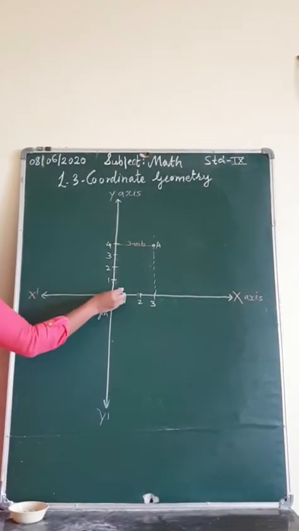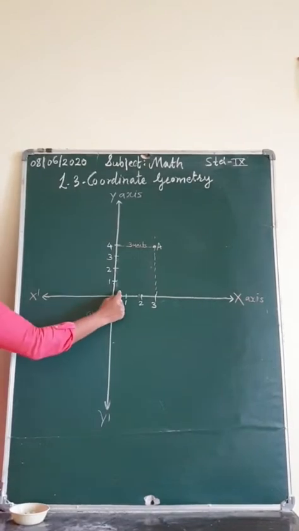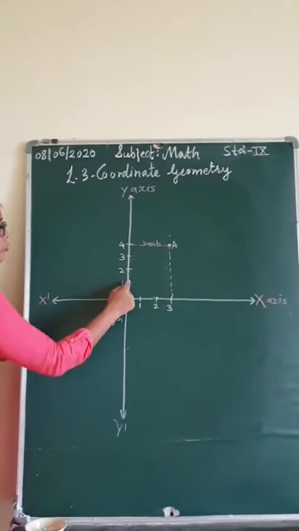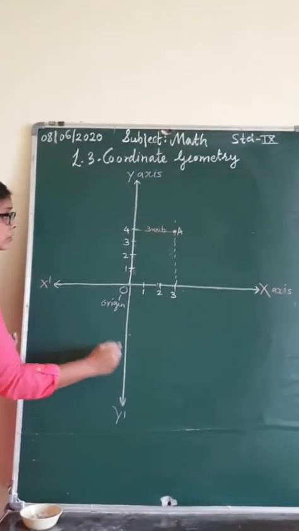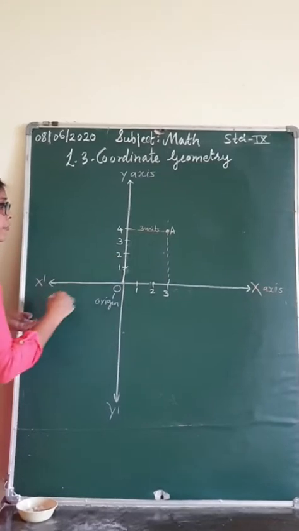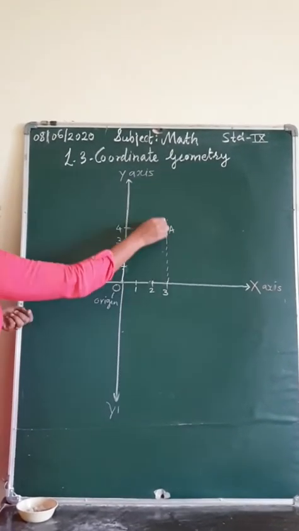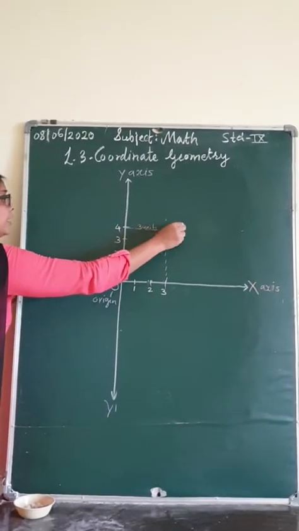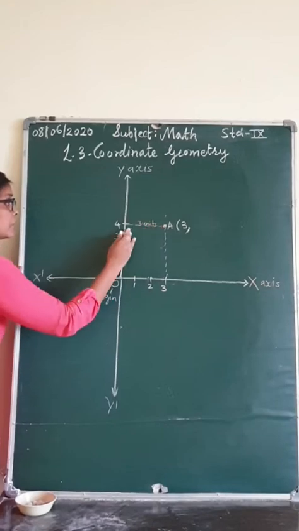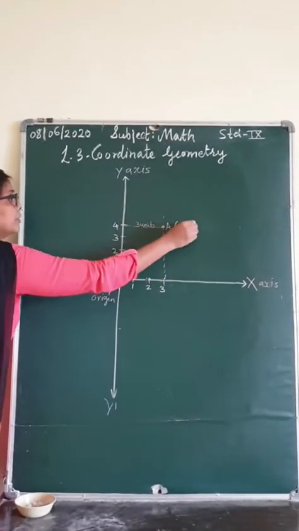Now when we say that the position of A is 3 units away from the y-axis, and 4 units away from the x-axis vertically, we write this as 3 units away first horizontally and then vertically.